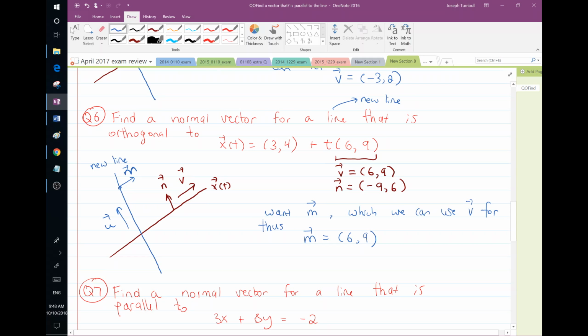Don't try to do these without a picture. Think it out. Draw it out. Just reading the question, find normal vector for a line, that's what we're talking about to the line. If you don't draw it, you can be saying, well, do I flip them? Do I just use 6, 9? Do I use -9, 6? What am I supposed to do? And then you may make a weird tree diagram. I've seen study sheets with these weird tree diagrams.